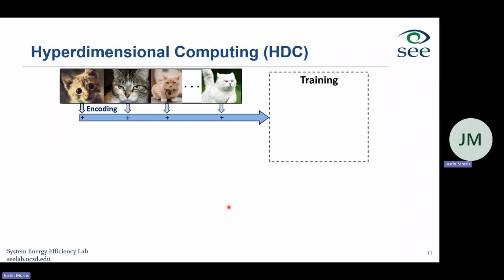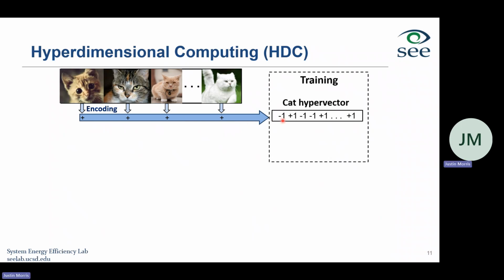Here is training. So say we have a whole bunch of images of cats. Right? So we're first going to encode them using the encoding that we just went over and get one hypervector per image of each cat. Then we're going to bundle up all of those encoded images into one class hypervector that we're going to call this cat hypervector.